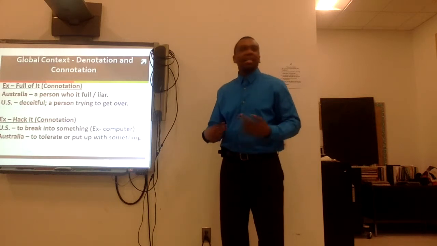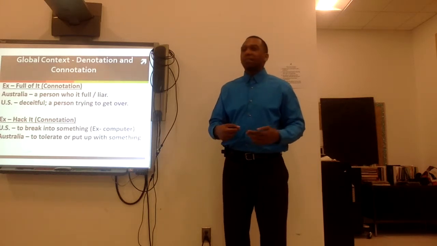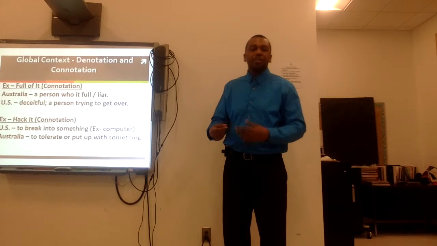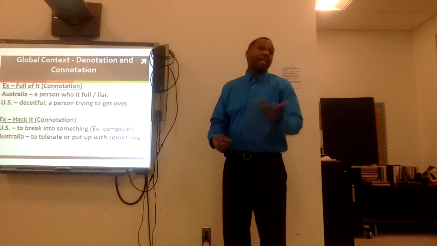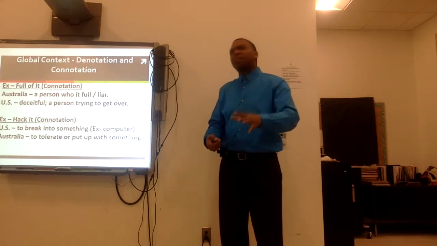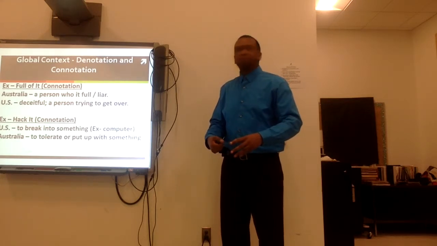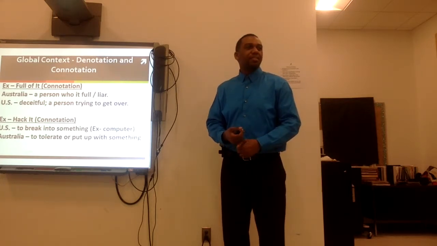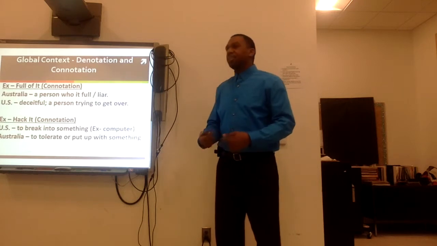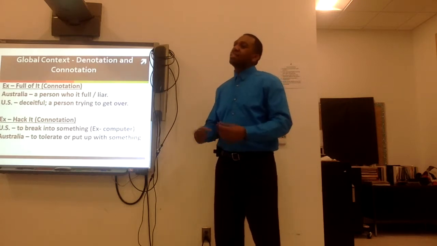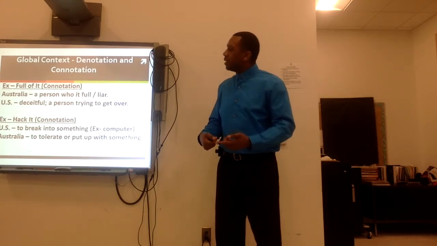A person is trying to get over, not telling the truth, just doing things for their own gain. My mom, when I get in trouble and start making excuses, tells me I'm full of it. Basically, you're full of bull. So in some ways, the United States and Australia are kind of the same, but there's a difference. It's probably based off of the context of how you're using it.